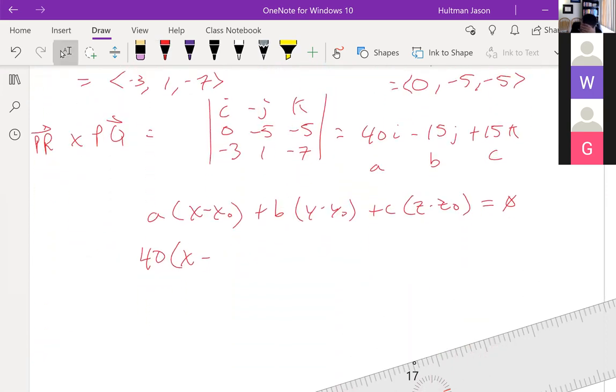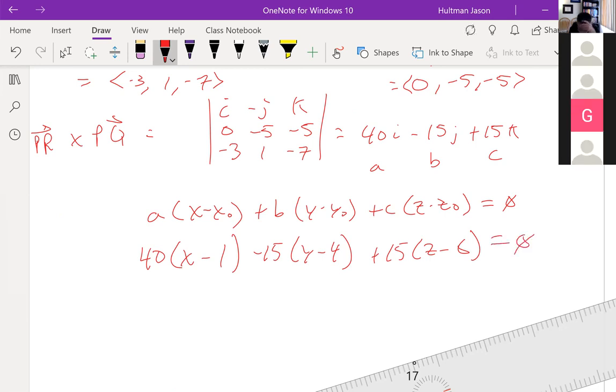Okay, so 40 times x minus 1 plus negative 15, or minus 15 times y minus 4, okay, plus 15 times z minus 6, okay, is equal to 0.